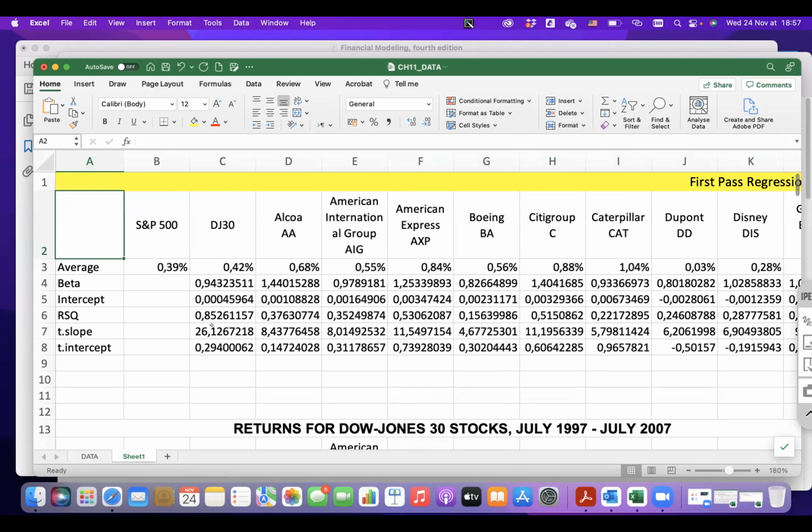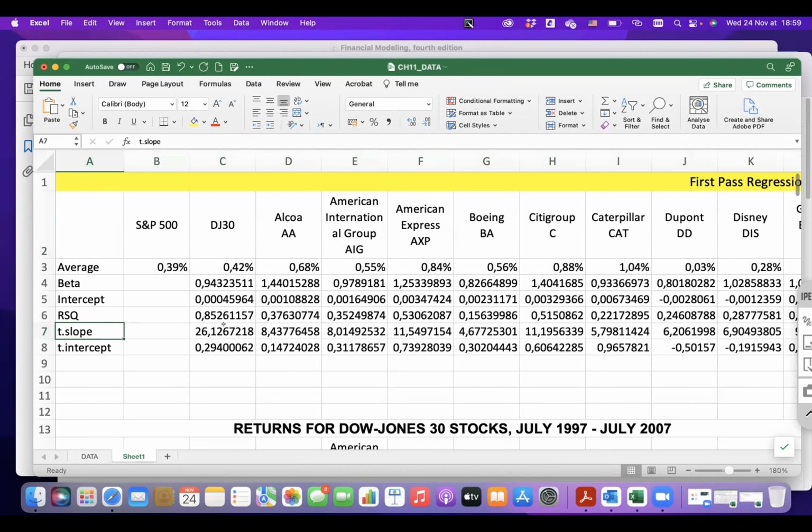Now, the T student will give you insights on how much your estimates are true, are right, are significantly different from zero. If you have T students higher than 1.96, so our threshold، حدنا الأدنى، 1.96.